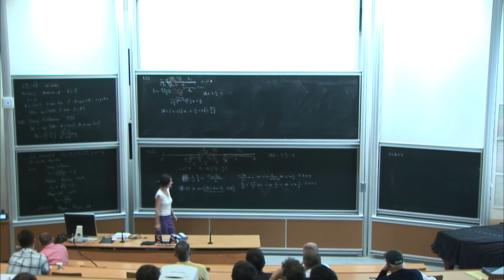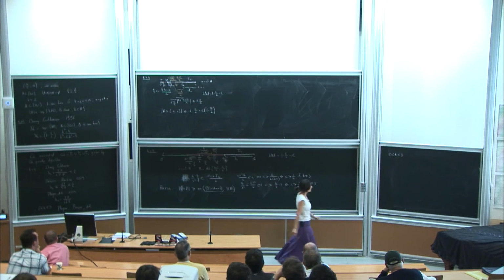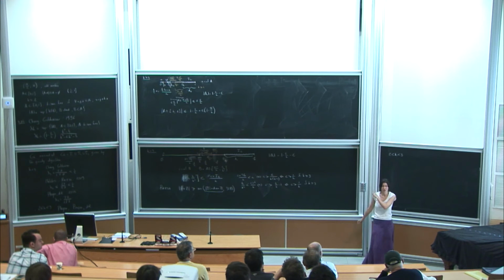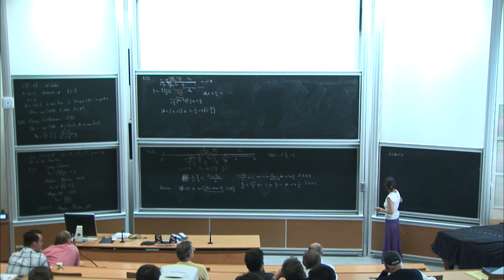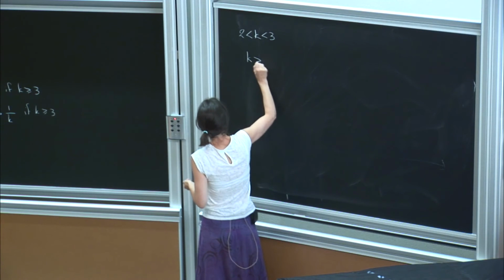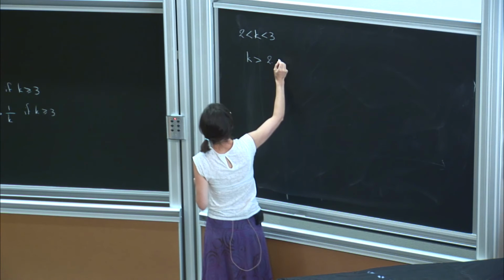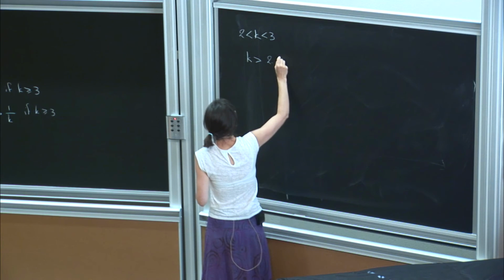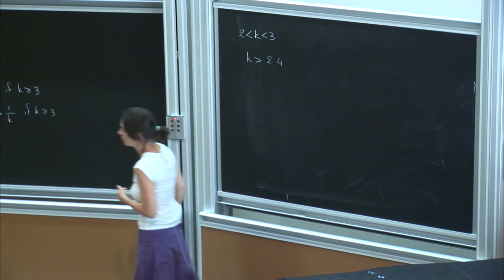And what we see is that the greedy algorithm and the set GK, it seems to be the maximal set for k larger than 2.4. Well, I have to look at it.